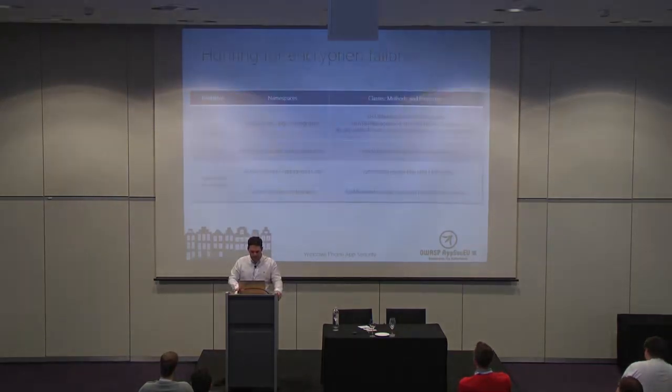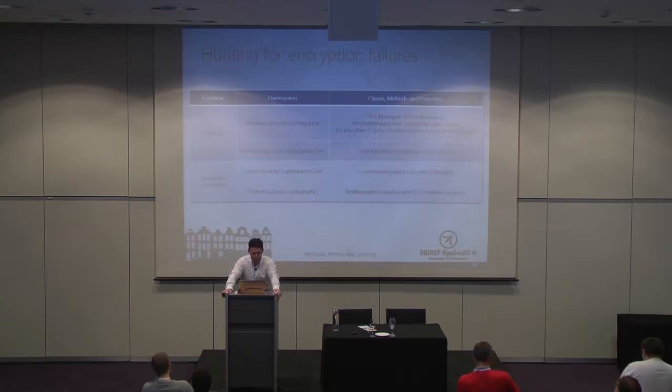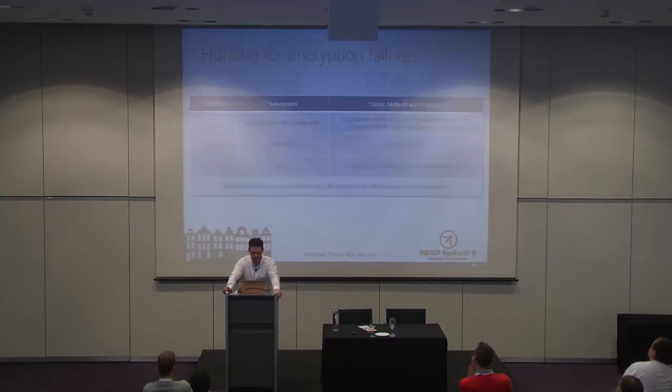When we have to hunt for this kind of problem, once again we have to look for hashing functions, because hashing is not encryption, and we have to have a careful look at this kind of algorithm. Moreover, we have to look at the use of symmetric encryption algorithms, because most of the time the developer also embeds the key of the algorithm. And also have a look at places where encoding is used, maybe to encrypt reserved information.